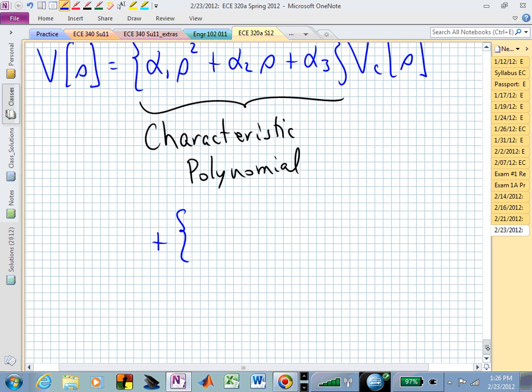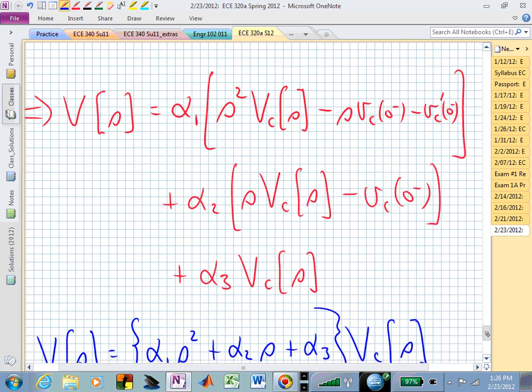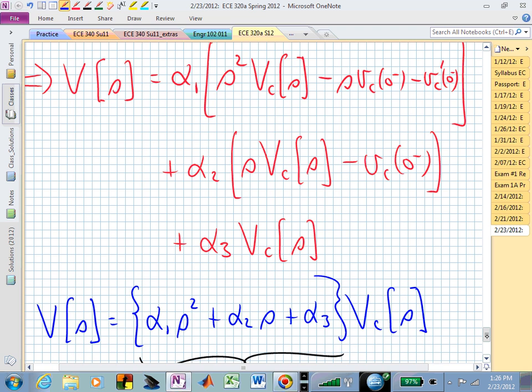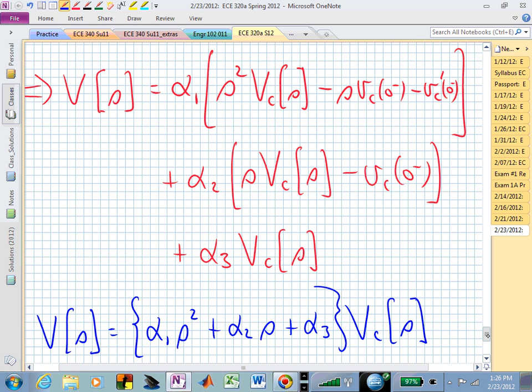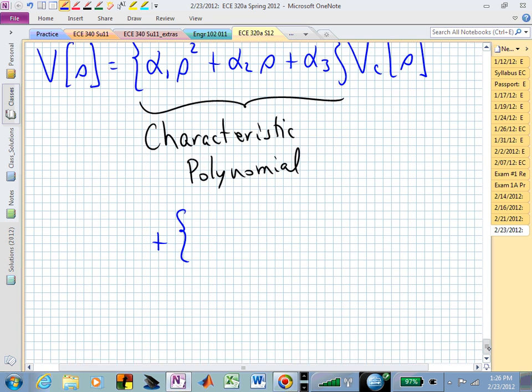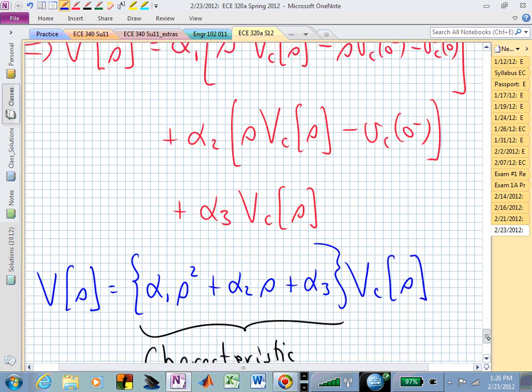Or I now have this, if I look at that, I have minus alpha 1 times s v sub c of 0. Oh no, this is now minus alpha 1.